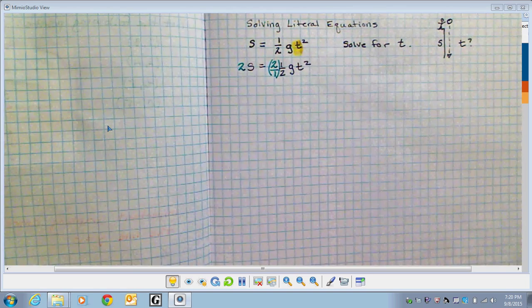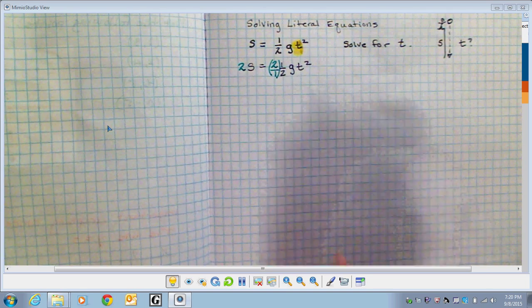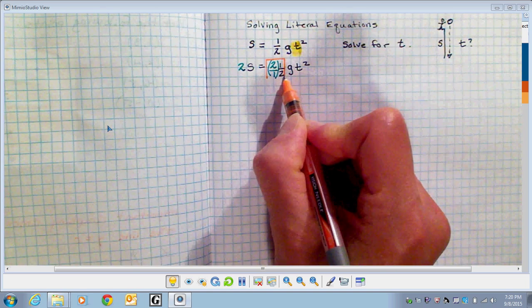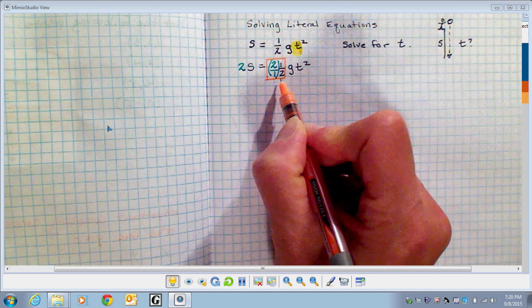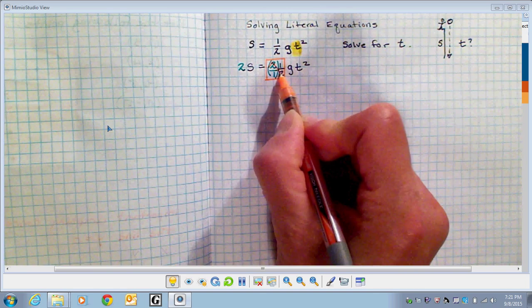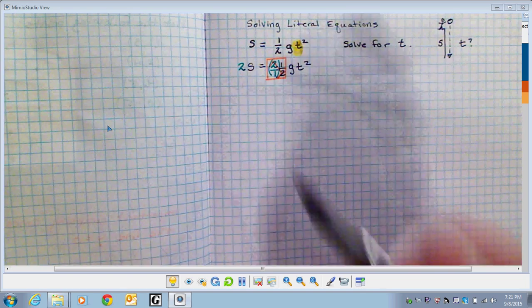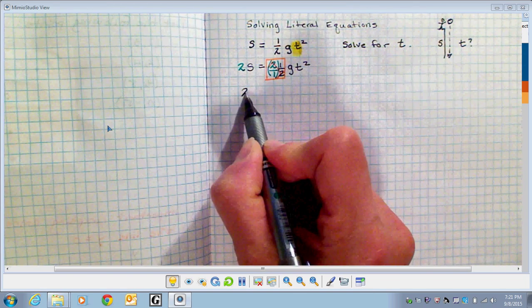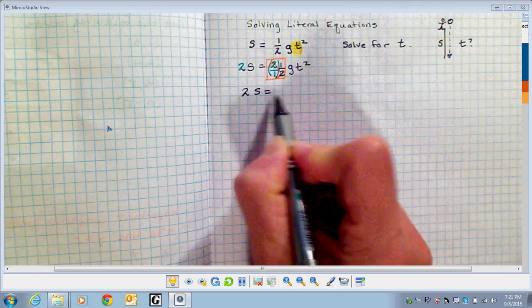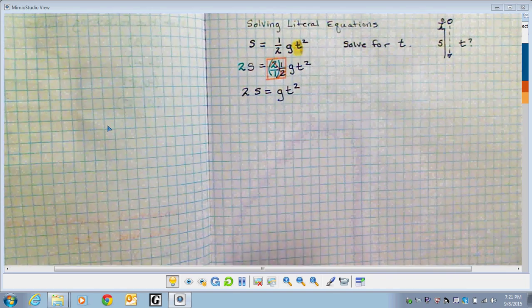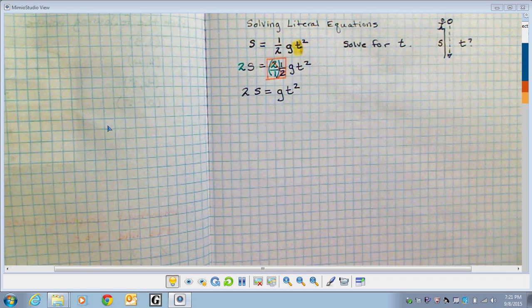Well, this whole thing becomes 1, because 2 over 1 times 1/2, that's the inverse property of multiplication. So that all divides out to 1. So then I'm left with 2s is equal to gt squared. Well, immediately that looks better, doesn't it?